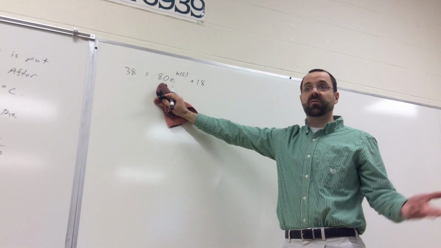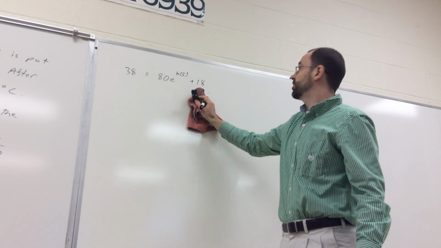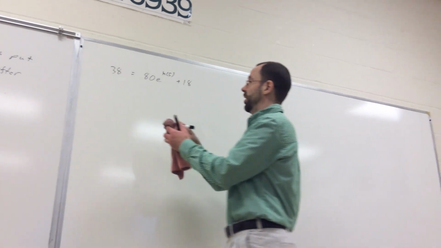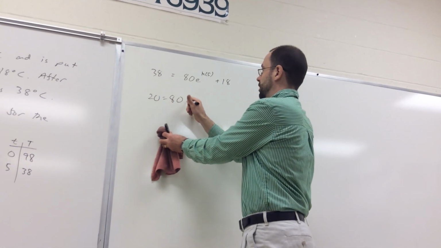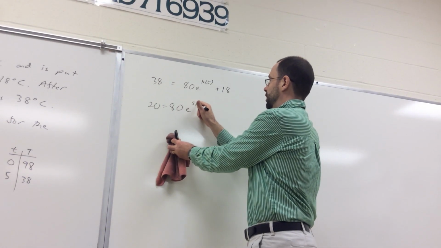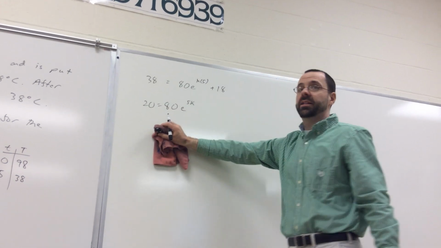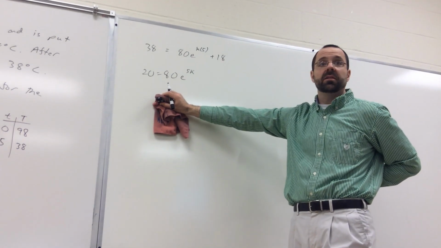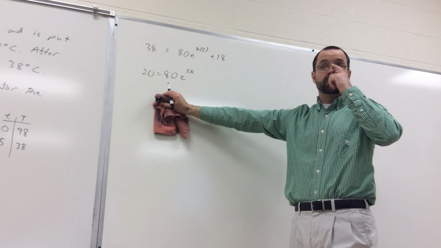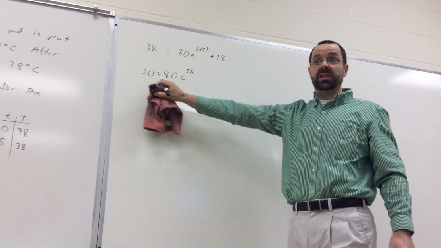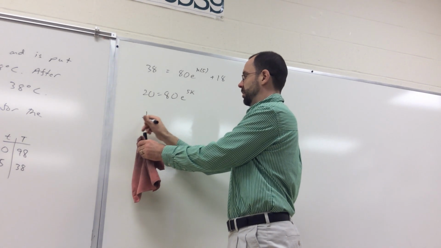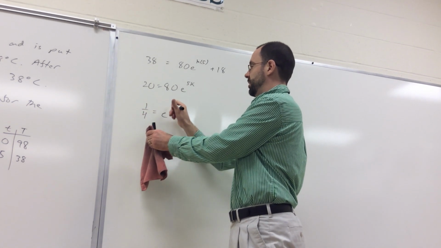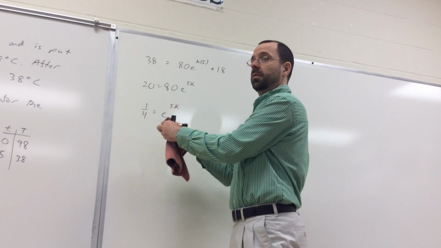So now I'm just going to solve for the K. So we'll subtract 18, and that's 20. It's 20 equals 80 e to the 5K. Then you divide by the 80, right? So 1/4 equals e to the 5K.